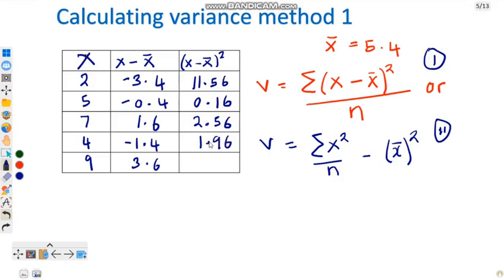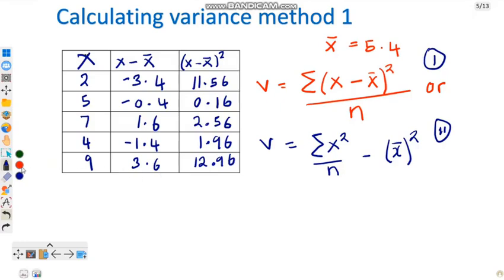Then lastly, we have 3.6 squared. This will give us 12.96.